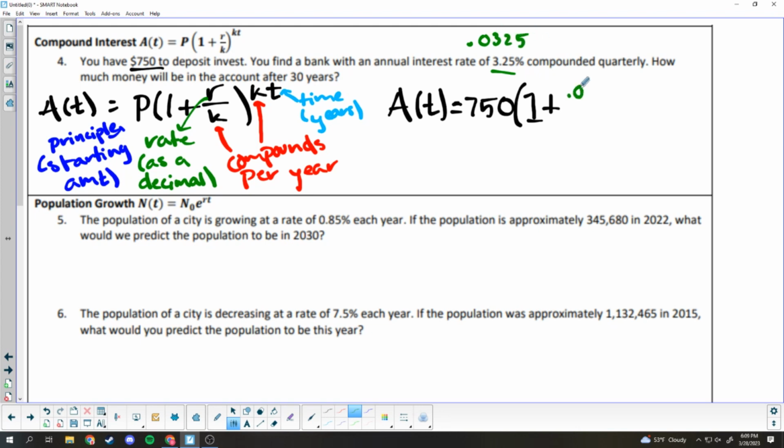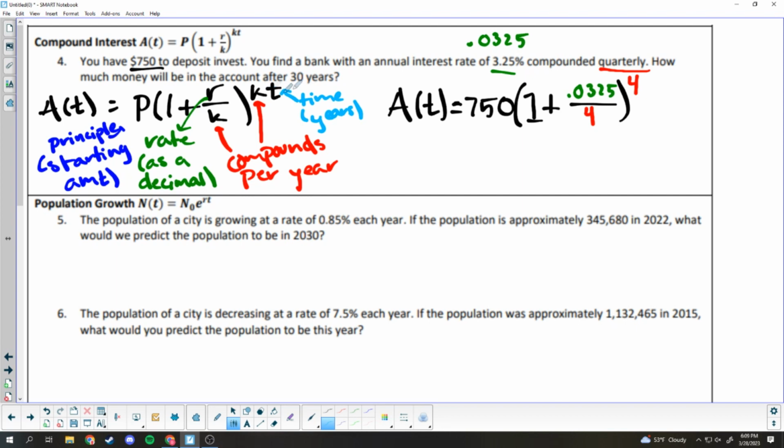So 0.0325 divided by the compounds per year. Well, it's hidden within this word quarterly. I don't know if you've heard quarterly report or something like that. That means it happens 4 times a year. So our k value is 4 times, end the parentheses, to the power of 4 from this k times t.